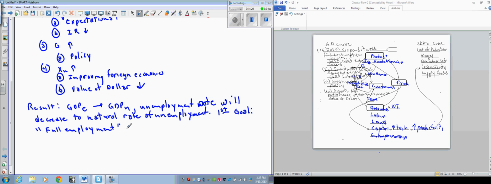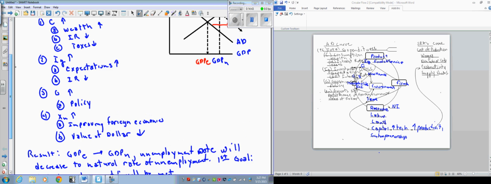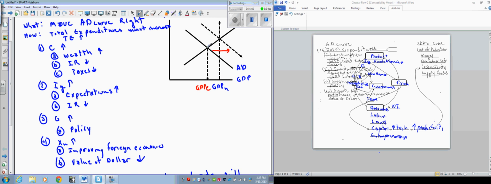And that will be met. Because you see we're at GDP natural. That's full employment.